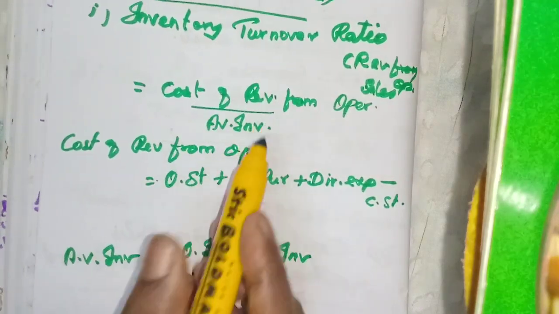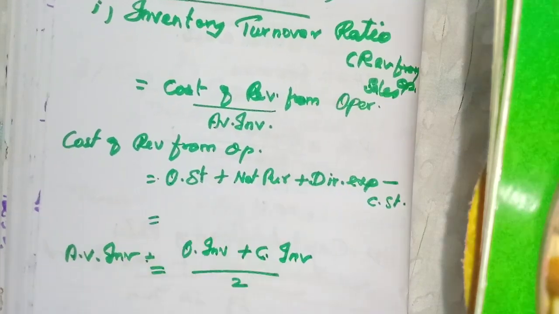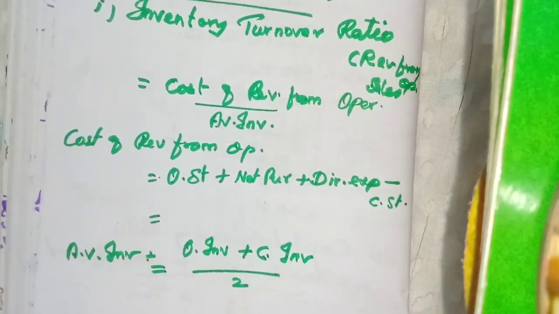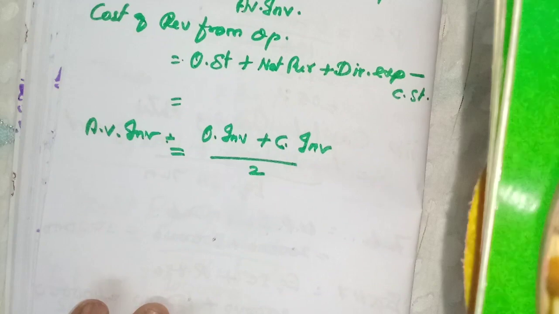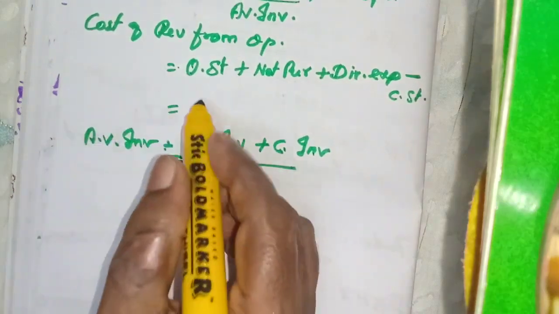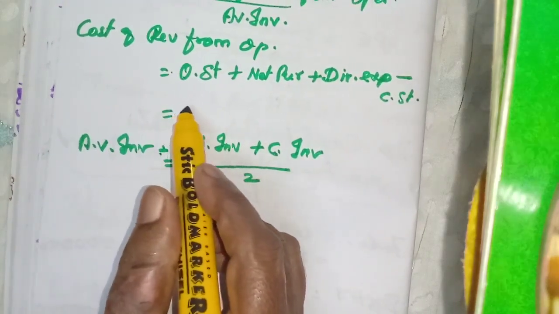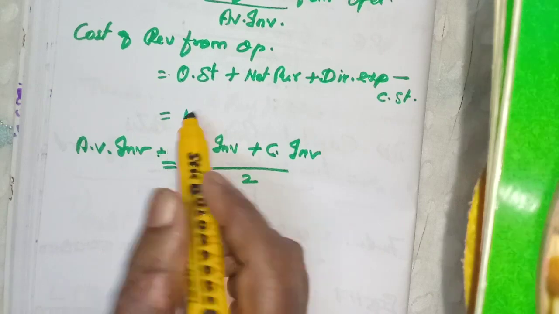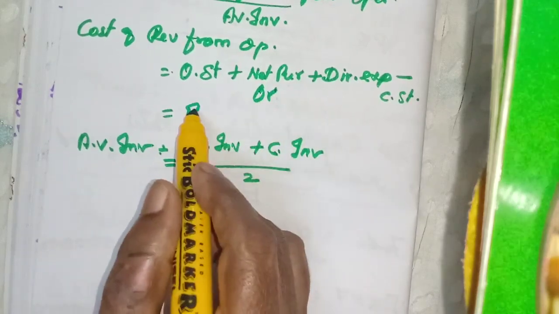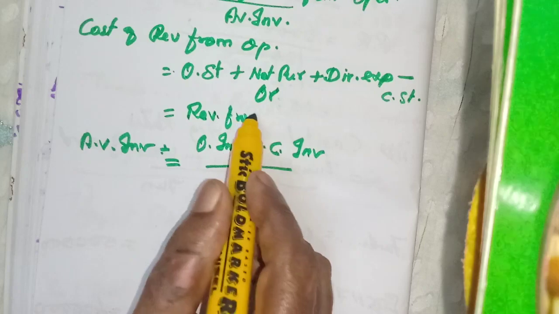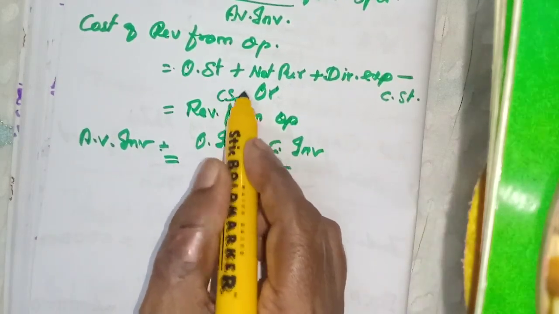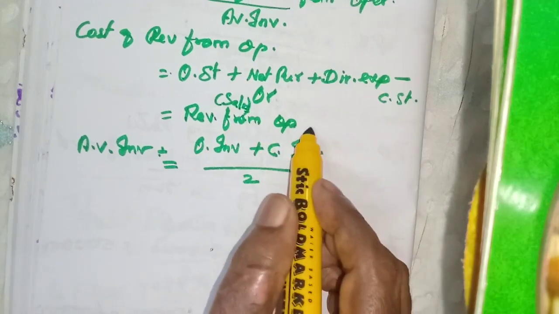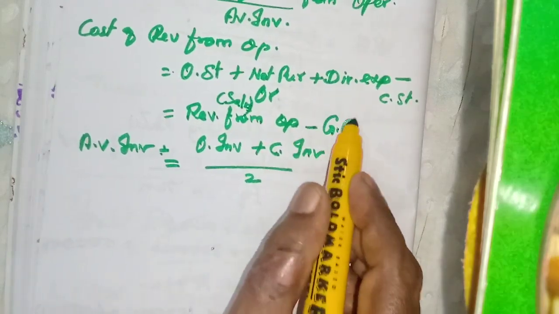This cost of revenue from operation can also be calculated from the revenue from operation, another formula. Revenue from operation means sales, minus gross profit.